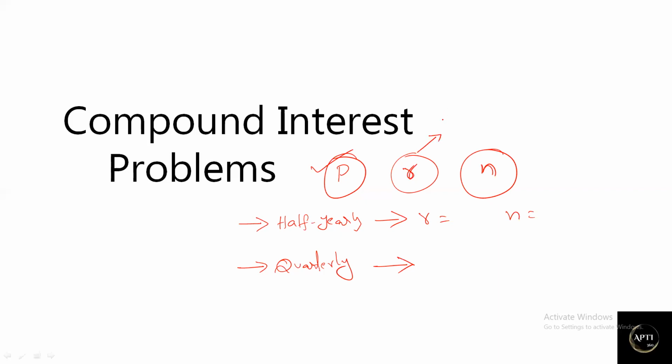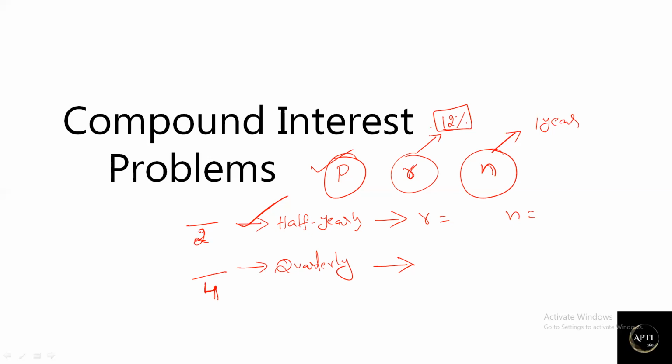In the given question, the r value is given as 12%, and the n value is, let us consider, 1 year or 2 years, whatever it is. Now, if they ask you to calculate half yearly, it means whatever it is, divided by 2. Quarterly means 4 parts, and half yearly means 2 parts.